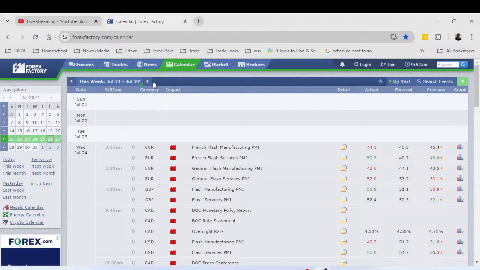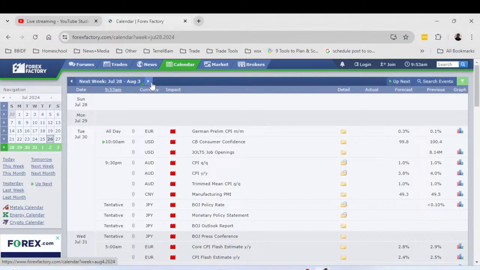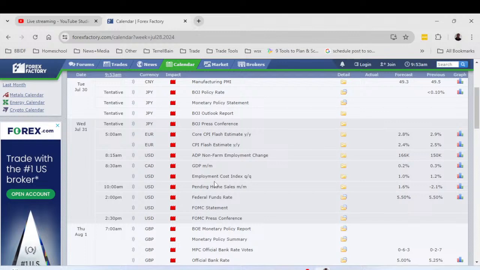Okay, here. Next week, Tuesday, we got job openings and CB consumer confidence. Wednesday, got non-farm payroll or unemployment. We got employment cost index. We got pending home sales.